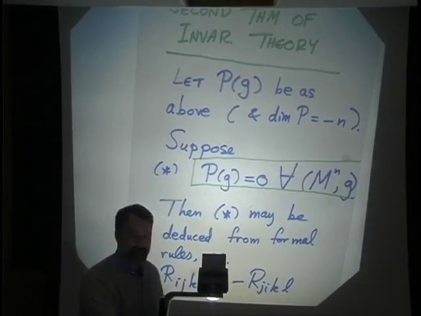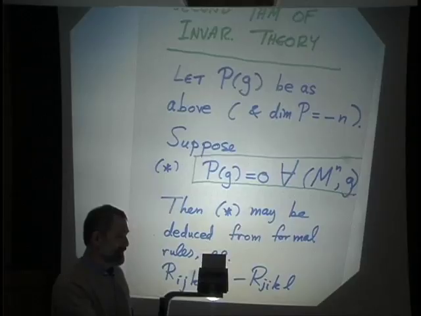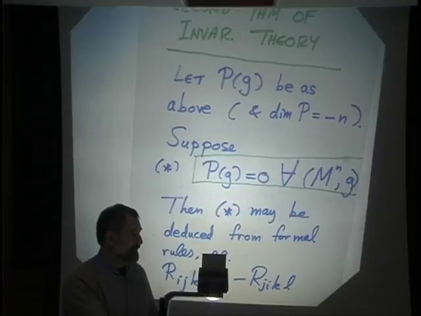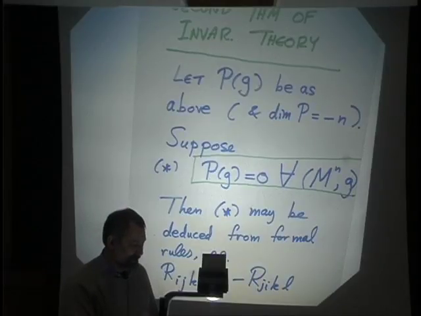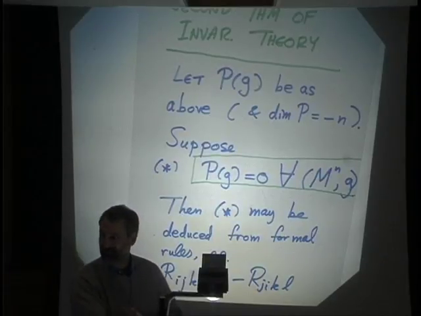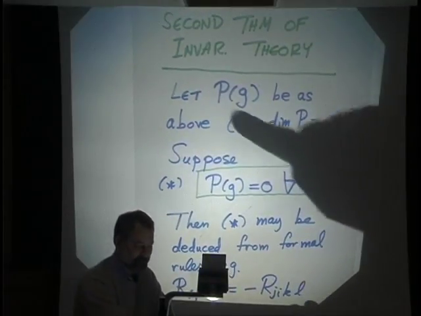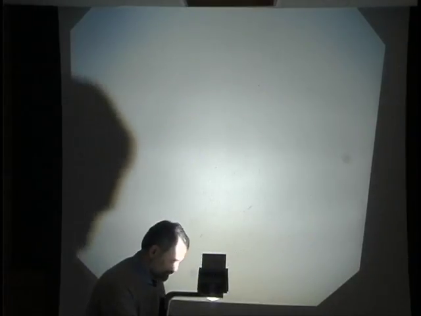For example, the symmetries and antisymmetries of the curvature tensor. Take whatever properties of the covariant derivatives of the curvature tensor you can get out of an undergraduate differential geometry book, write them down, and then declare that you're simply going to apply them. And the theorem is that if our linear combination of Weyl invariants is always equal to 0, then the fact that it's always equal to 0 can be deduced from formal rules. And that follows from elementary invariant theory, thanks to the fact that P of G is not of too high degree because it has the correct dimension.